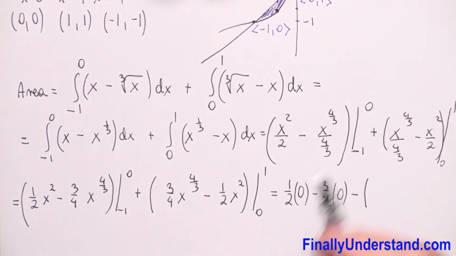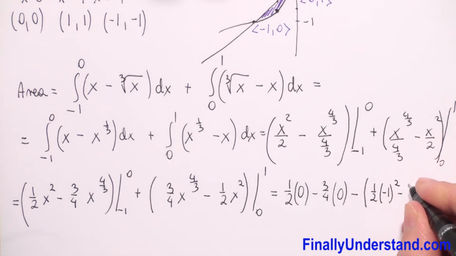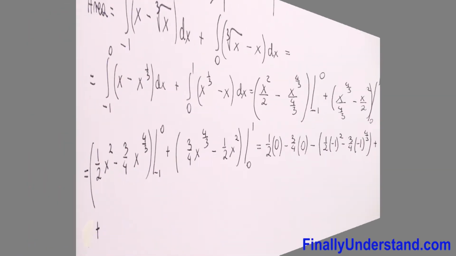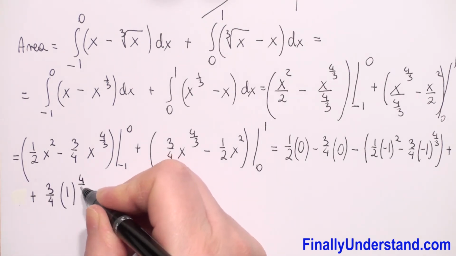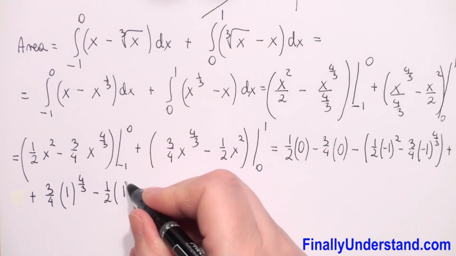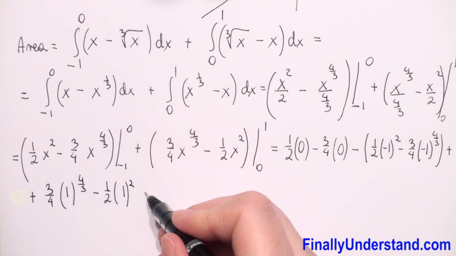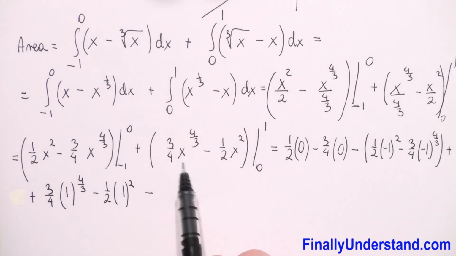We substitute x by negative 1, so we have 1/2 times negative 1 squared minus 3/4 times negative 1 to the 4/3 power, plus 3/4 times 1 to the 4/3 power minus 1/2 times 1 squared. And we subtract the lower limit: substituting x by 0, the first expression is 0 and the second is 0, so we don't have to do anything.